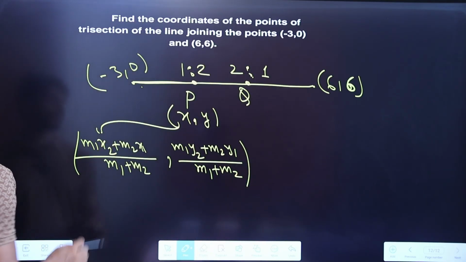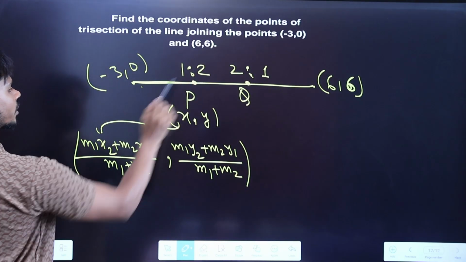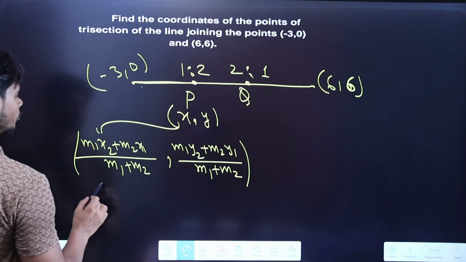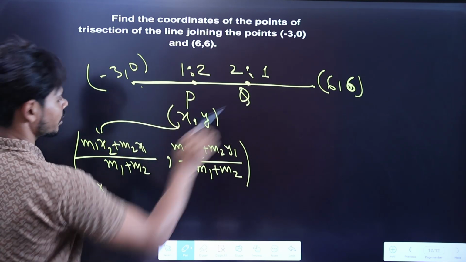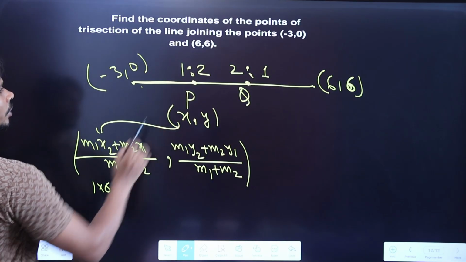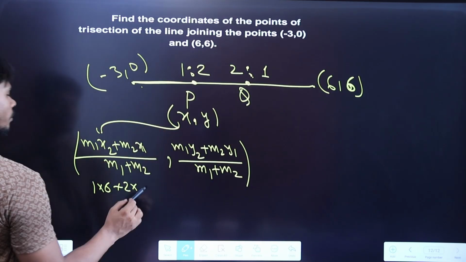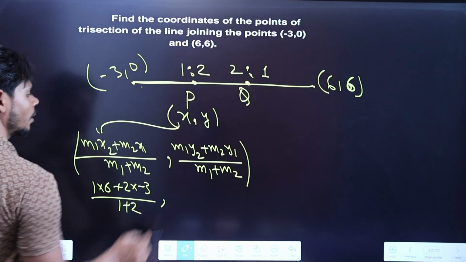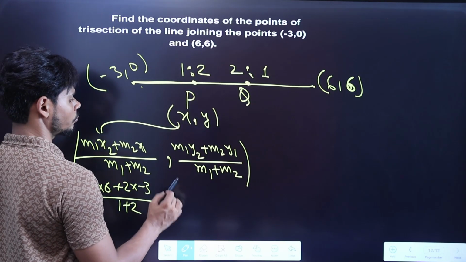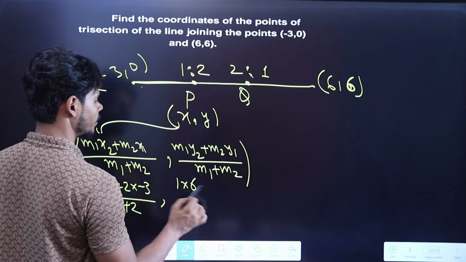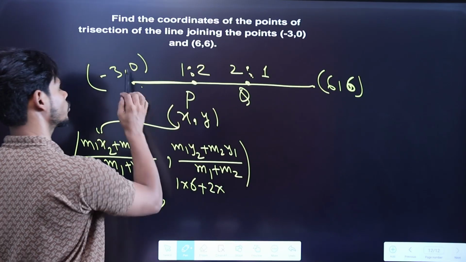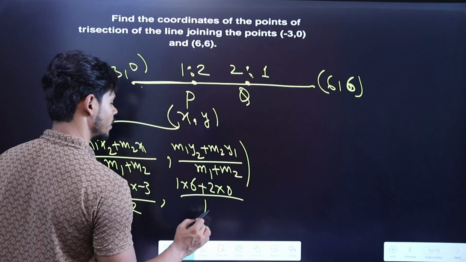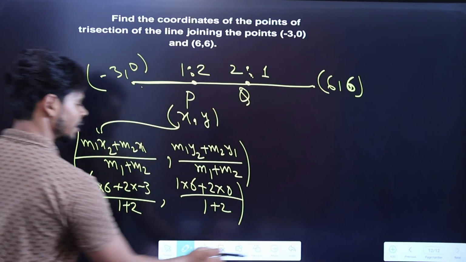Got it? Let's substitute to find the coordinate of P. It becomes m1, which is 1, into x2, which is 6, plus m2, which is 2, into x1, which is negative 3, divided by 1 plus 2, comma 1 into y2, which is 6, plus 2 into y1, which is 0, divided by 1 plus 2. Got it, guys?